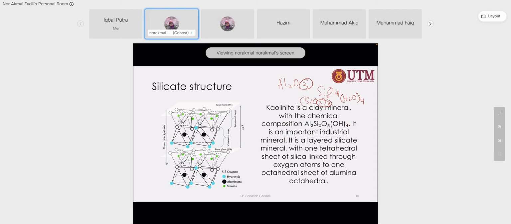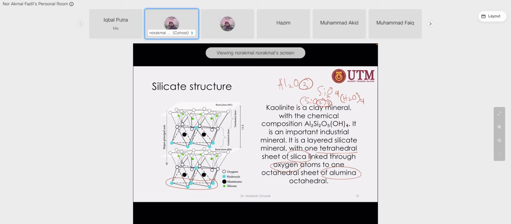Silica. Okay. The thing is, if we determine the crystal structure, it's a repetition of the silicate mineral, which is in the tetrahedral sheet, where the silica links through the oxygen atom to the alumina octahedral, and there is a layer of water, a layer of hydrogen and oxygen, before it repeats for another set of silica and alumina.